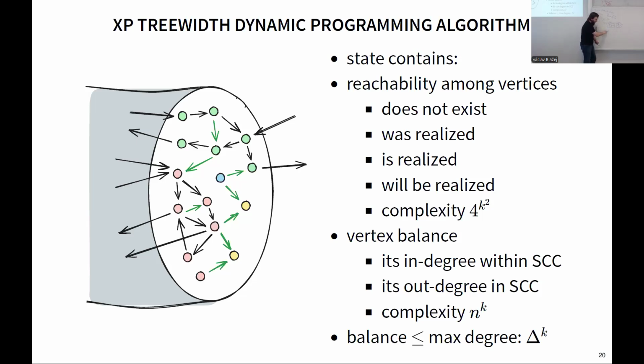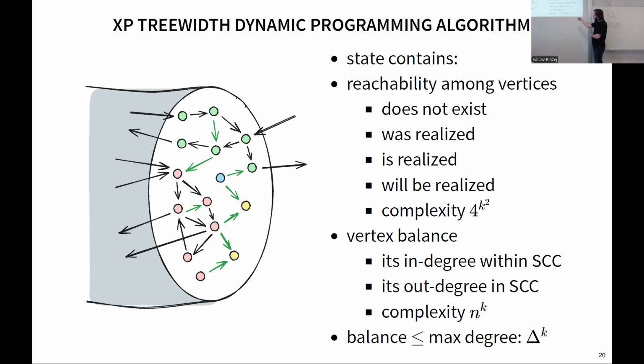So I want to keep the information of the number of incoming edges minus the number of outgoing edges. And I can forget the vertex only if its imbalance is 0. So this immediately gives you the maximum imbalance to the power of treewidth. And maximum imbalance is essentially n at the very beginning. So this is XP.